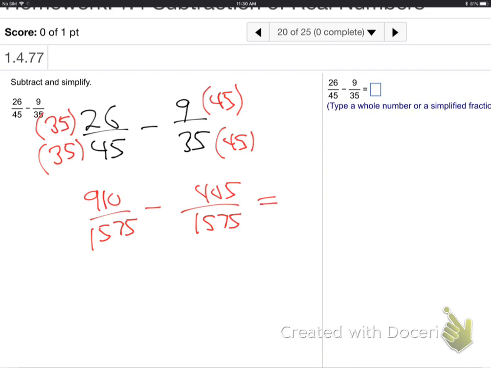All right, you getting those on your calculator? All those numbers. So, got a common denominator now? The denominators match. And 910 minus 405, whatever that is. Is that 405? No, 505. Yeah. We okay to there?